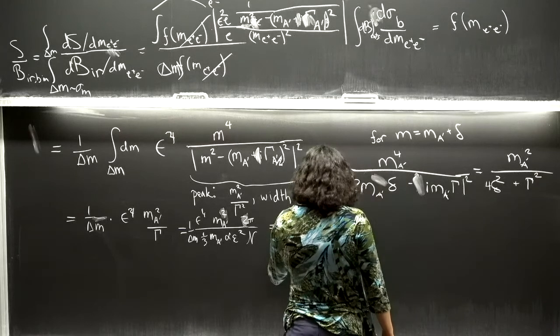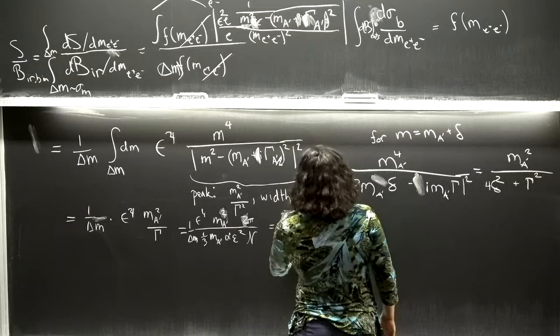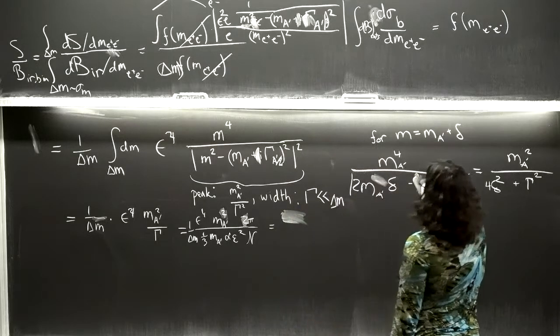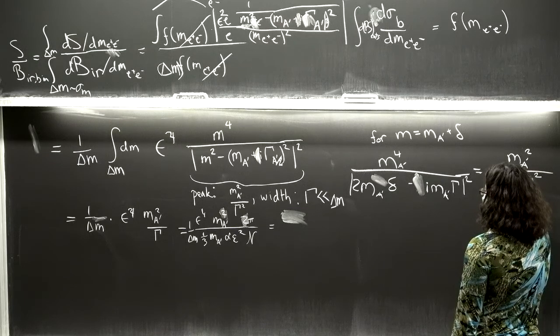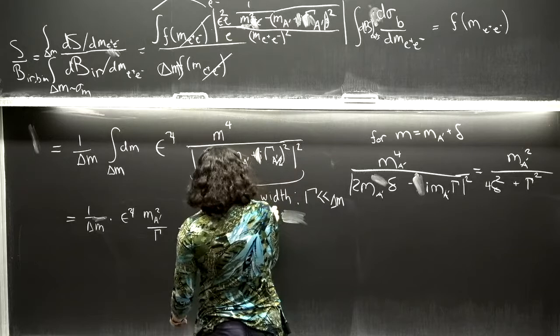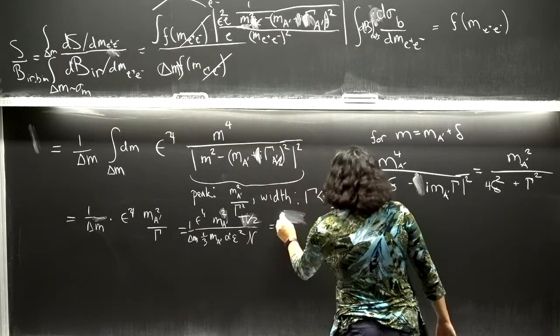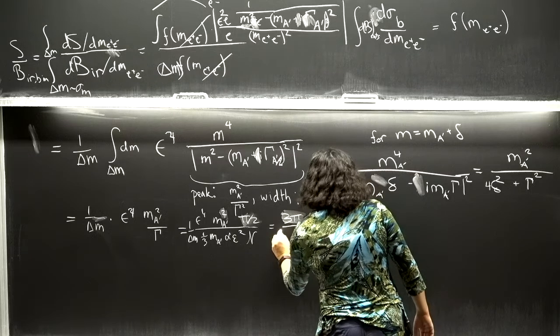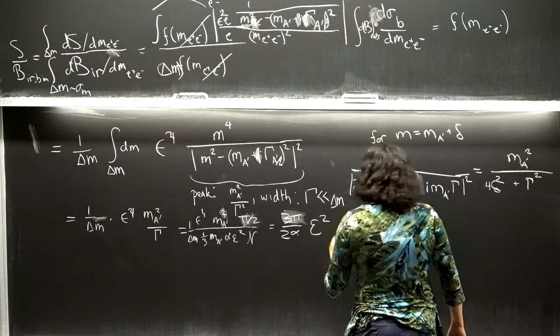And that gives me, I'm sorry, just a second. A pi over 2. It gives me a 3 pi over 2 alpha, an overall factor of epsilon squared.